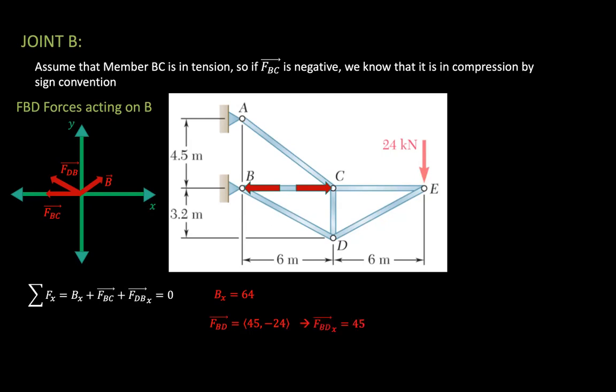So we know that the FBD x component is equal to 45 kilonewtons, and that the FDB x component is equal to negative 45 kilonewtons. So plugging all those in, we have 64 plus FBC minus 45 is equal to 0. Solving for FBC, we have that FBC is equal to negative 19 kilonewtons. So that means that it's in compression.